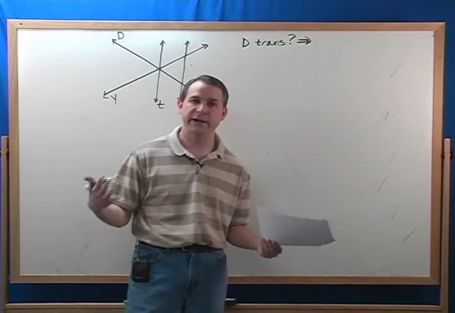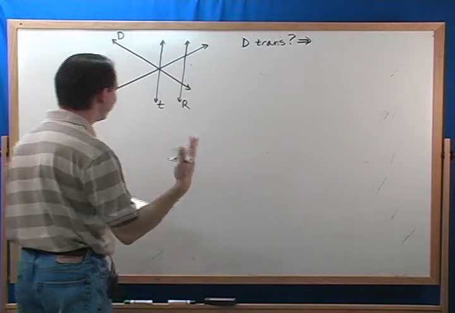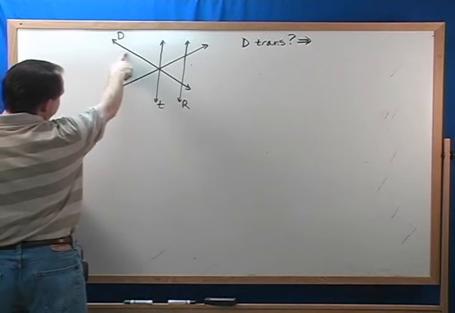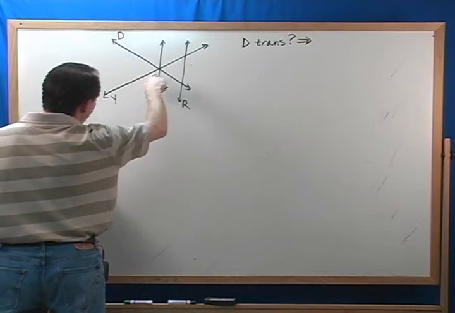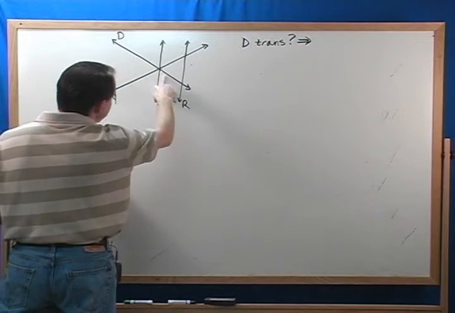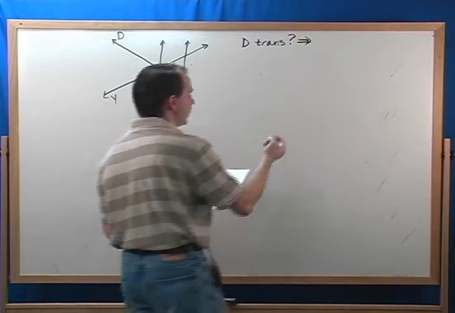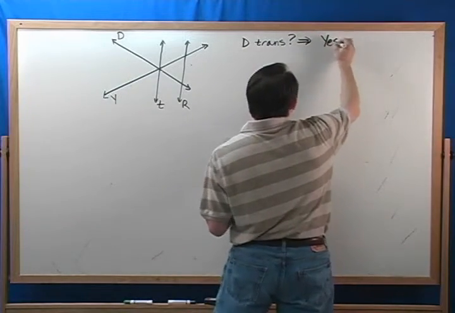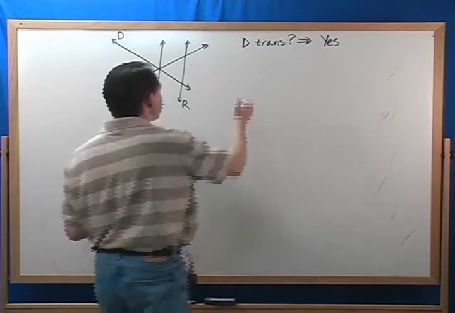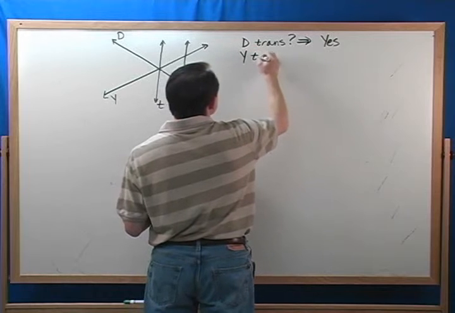That's all you have to do to answer this question. Well, D goes down, down, down. It hits Y here, so that's one line, and then it keeps on going, and then it hits R. So it definitely hits two or more other lines, so the answer is yes. It is transversal. Okay. Is Y transversal?